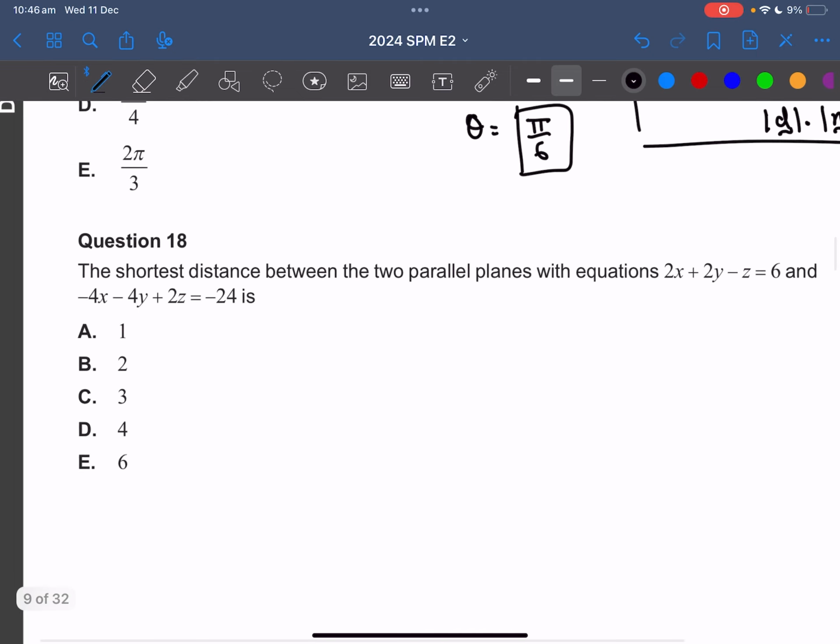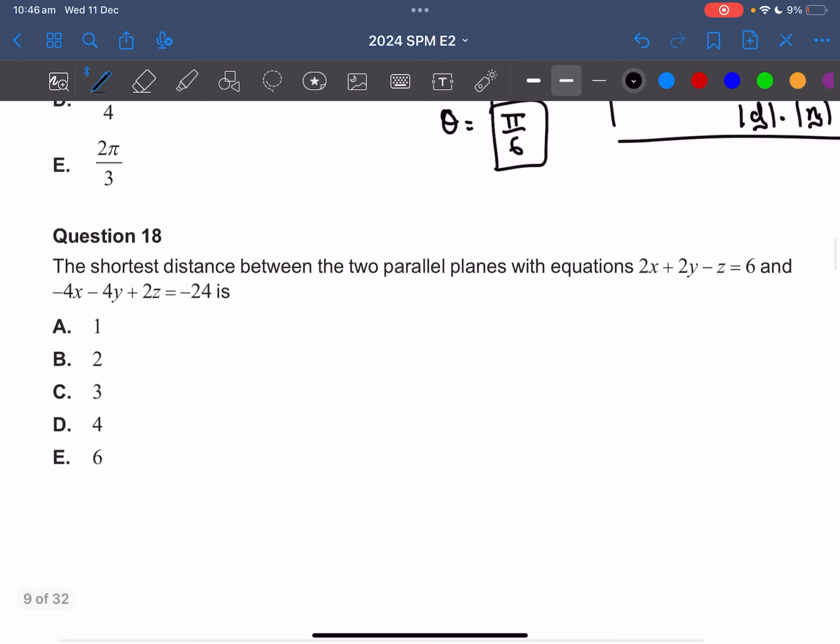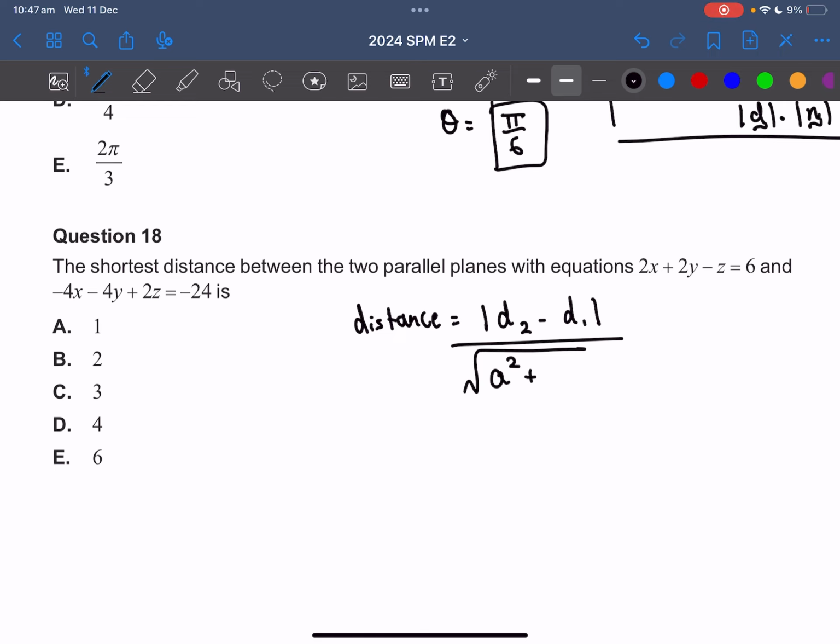So the shortest distance between two parallel planes with these equations is, again, we have a formula for this luckily. So the distance is equal to the magnitude of d2 minus d1, divided by the square root of a squared plus b squared plus c squared.